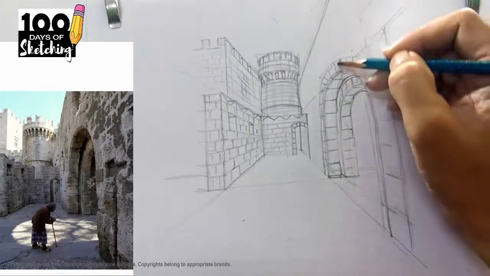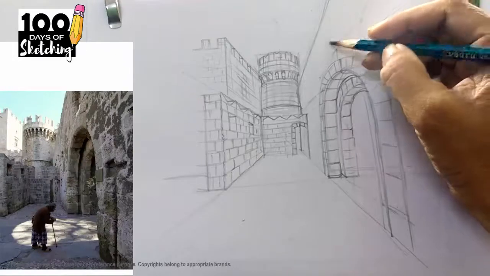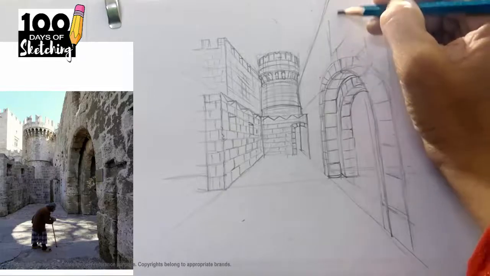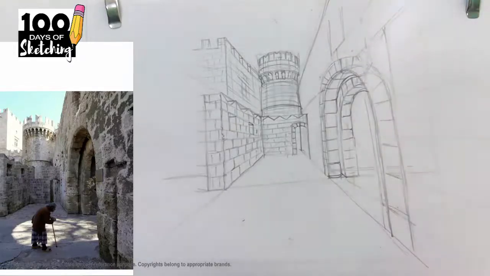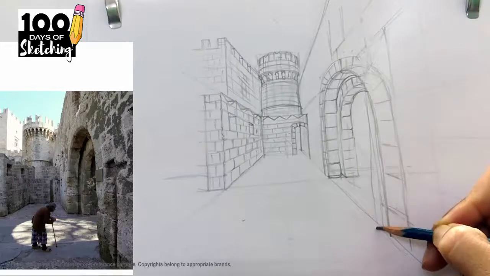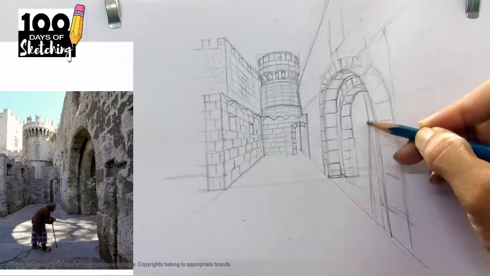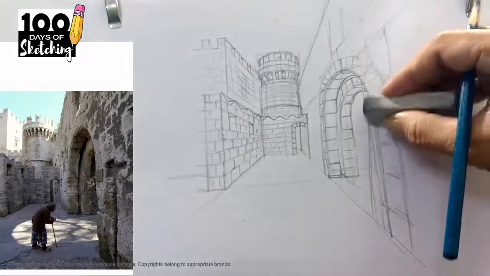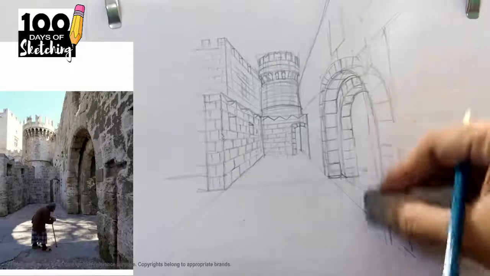Yes, and above that exactly there is one window, I guess. Yes, I'm making the lines cross.